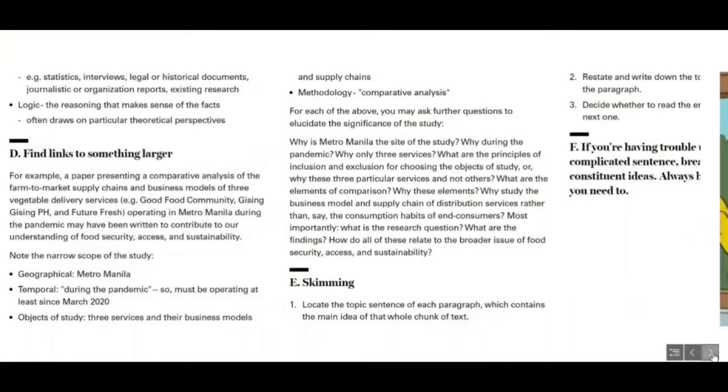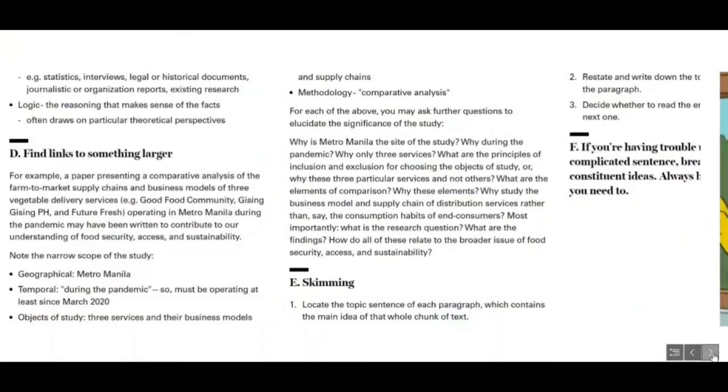Why did you choose these particular elements? Why study the business model and supply chain of distribution services rather than, say, the consumption habits of end consumers? If your concern is about food access, sustainability, and security, why are you looking at the supply side and not the consumption side, the demand side of the end consumers?